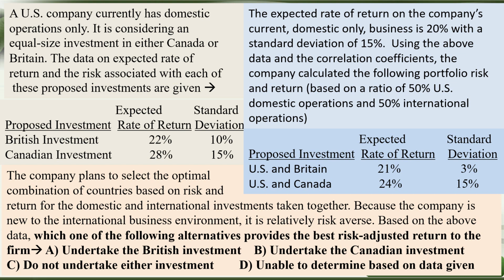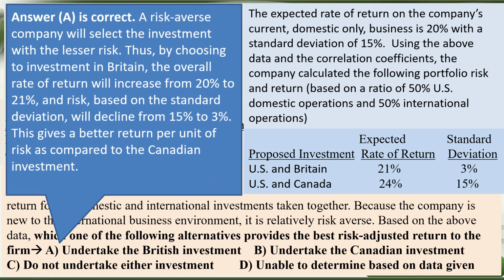Based on the above data, which one of the following alternatives provides the best risk adjusted return to the firm? Whether it is to undertake the British investment, undertake the Canadian investment, do not undertake either investment, or you are unable to determine based on data given. So this is what we have to find out.